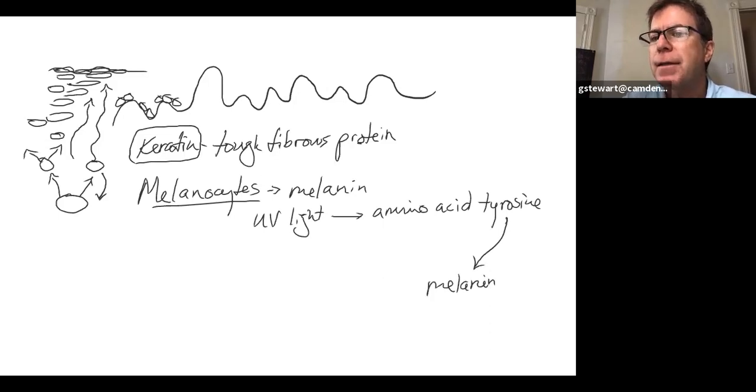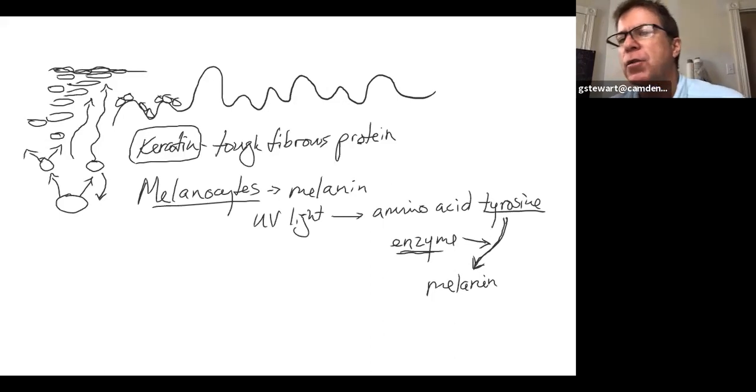And there's an enzyme that enables that activation. So I'm going to put an arrow right here. So this amino acid tyrosine to be converted to melanin requires an enzyme, and it's called tyrosinase enzyme. I'll talk about deficiencies in that enzyme later at the end of this lecture today.